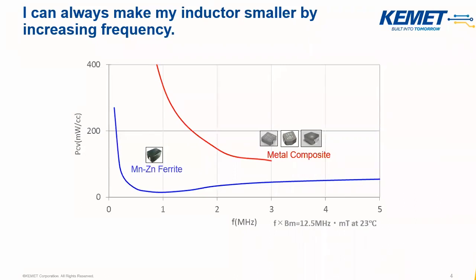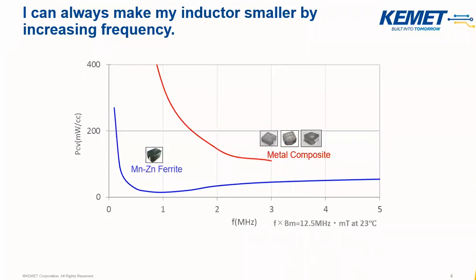So what happens is you can go up in frequency, but if you are dealing with a high power system, such as large servers or cloud infrastructure equipment that's very high power, you end up having increasing losses as you go up in frequency, and you may be able to make the components smaller, but your whole power scheme to compensate for the increased losses and heat generation actually makes everything bigger.